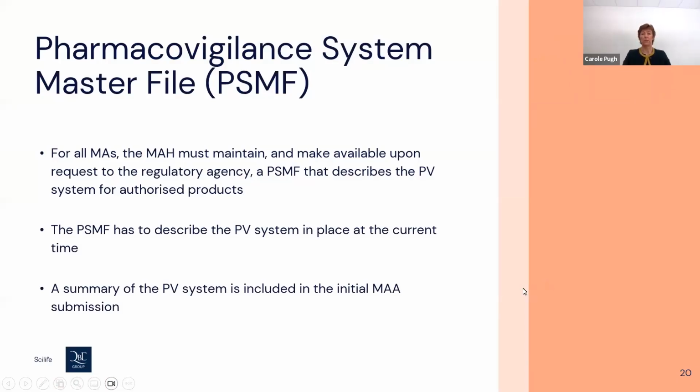So the first one to discuss, and some of these terms you'll have seen on the earlier overview slide that Anam presented. A significant resource is required to prepare the Pharmacovigilance System Master File, or PSMF, if your company is preparing for its first marketing authorization. The PSMF is a system that describes how you, as a company, will ensure your legal obligations are met.